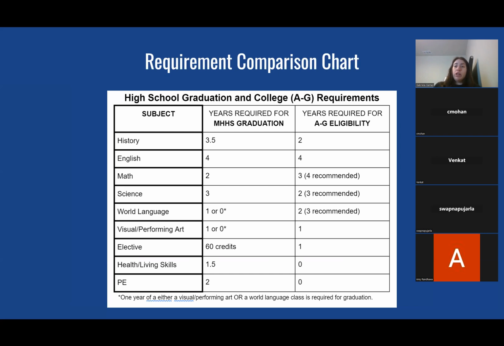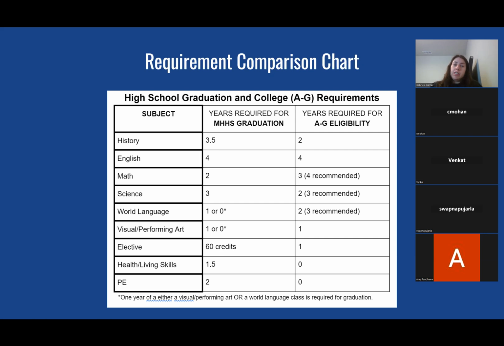So if you want to go straight to a 4-year, you want to go to a UC, CSU, private, out of state, that is 4 years for college, you will be looking at that A to G column right there. You'll be able to compare it to what the graduation requirement is. And the graduation requirement, again, is good if you want to just graduate, or go to some sort of trade school, community college, something like that.